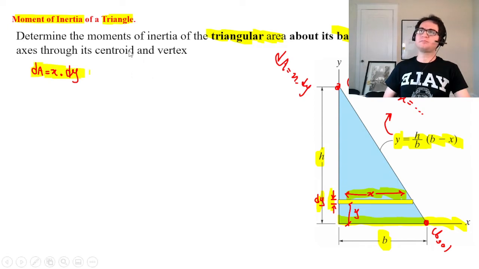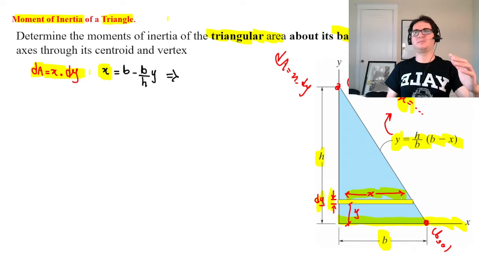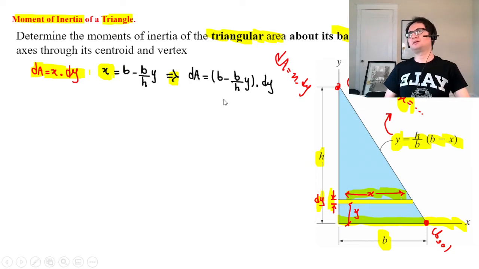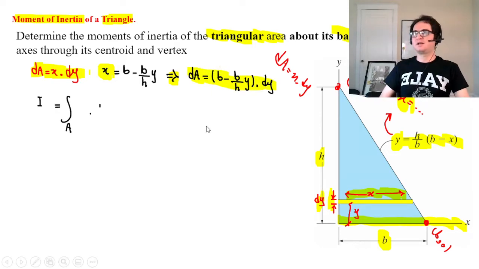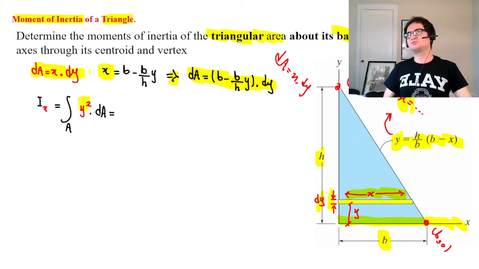As we discussed, if you rearrange the equation of this line, x gives you b minus b over h times y. Then if you replace it in dA, it gives you the element of area, and Ix is the integral of y squared dA.